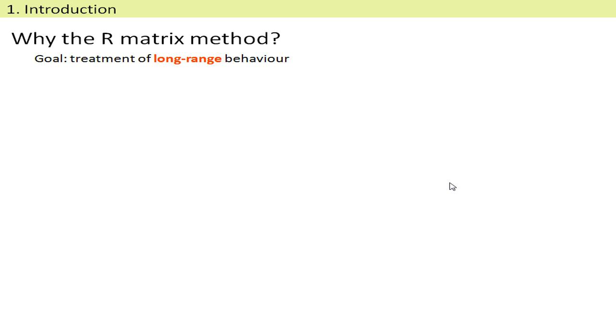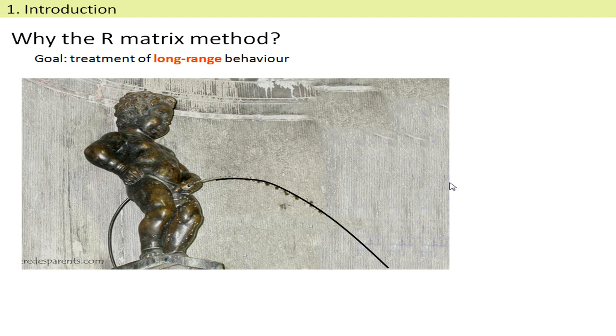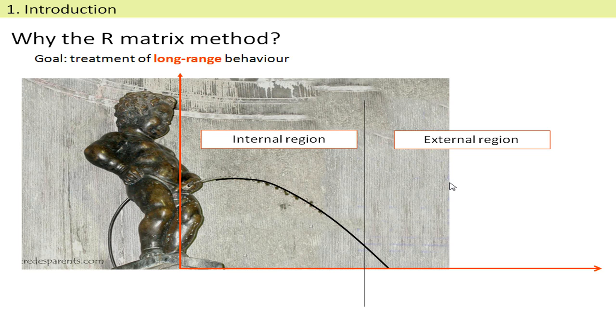So the first question you may ask yourself is, why the R-matrix, and what is it for? And well, the main answer is that you want to treat the long-range behavior of the wave function. So imagine that you have a situation like this, where the important things occur in a limited region. So in that case, you may divide the space in two regions. So you have the internal region where the physics of the problem is important.